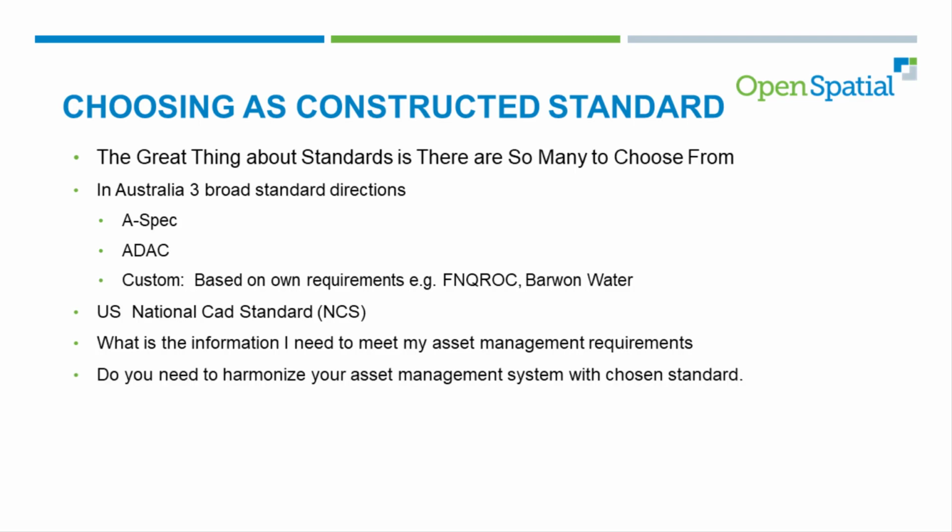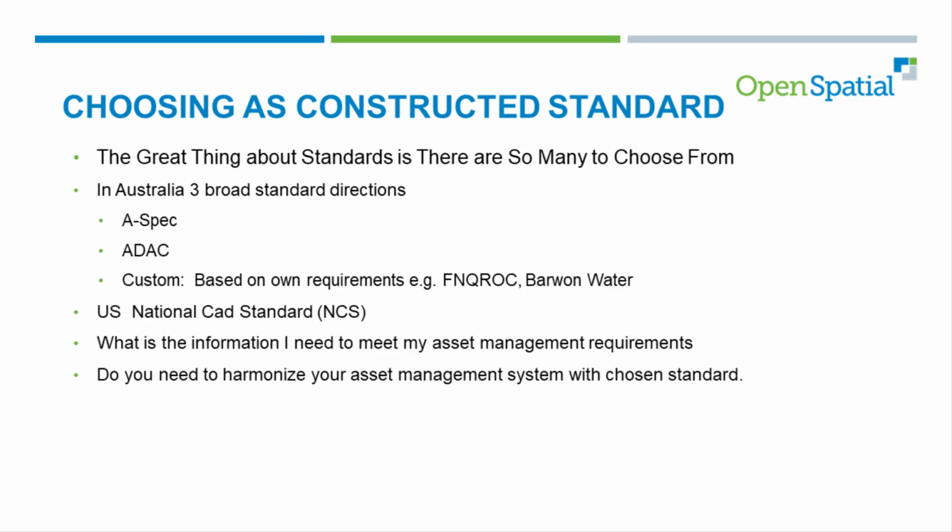Now, if you choose a standard, that then goes really to, are you using the information we need currently in the GIS and asset management system, and the naming convention and the code list and everything that's within your current asset management system? Or do you take your asset management system and harmonize that with your chosen standard? That can be quite an expensive and a long process to go through.